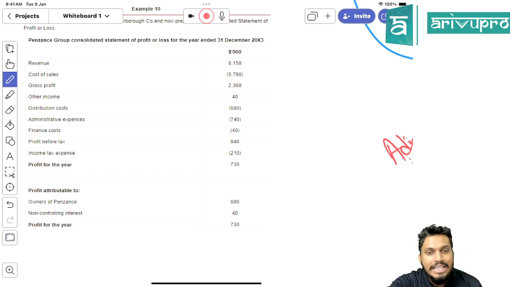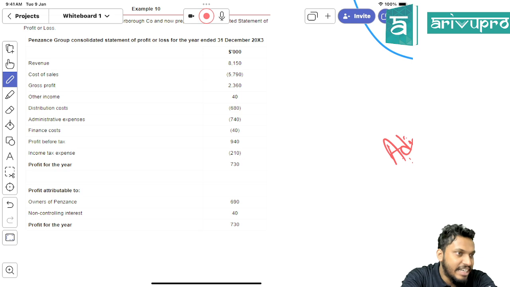So when you are dealing with profit and loss, you will also come across unrealized profits, because unrealized profits will hit your inventories as well as what? Where else will it impact? Your profit shares.